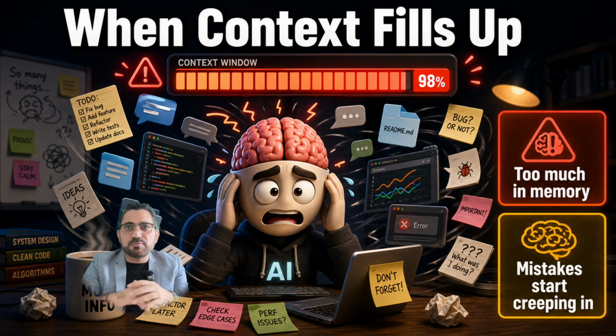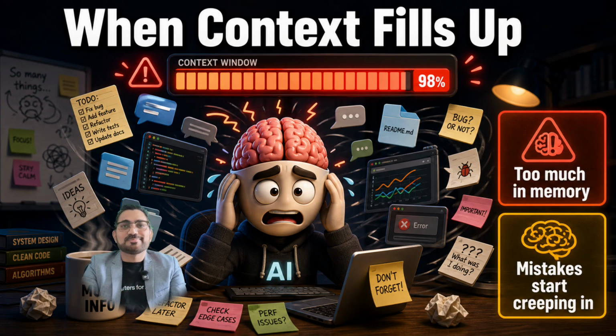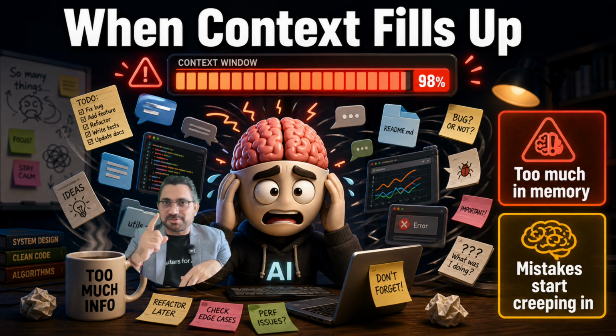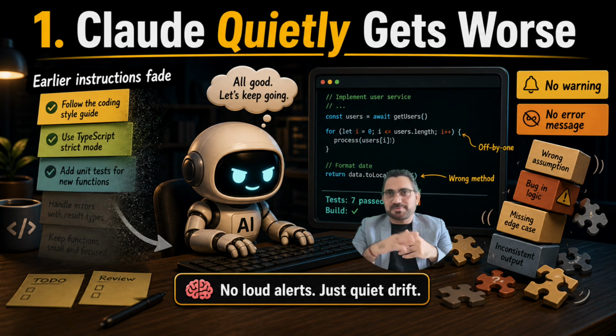So what actually happens if you ignore all of this and just let the context fill up? Three things. First, Claude quietly gets worse. No warning, no error message, it just starts forgetting earlier instructions and making mistakes it wouldn't have made at the start of the session.